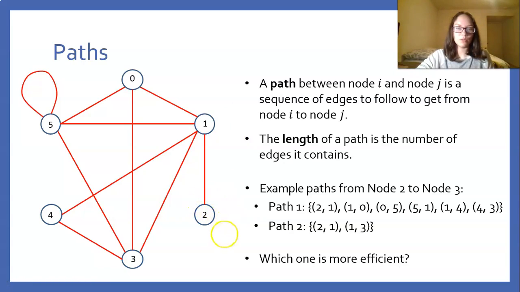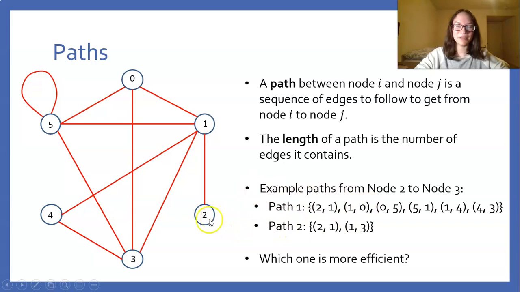Let's say we want to go from node 2 to node 3. Actually, let's not do that. I just realized that's the exact example that I have on the slide. So let's take a look at this third bullet point right here, the example paths from node 2 to node 3.